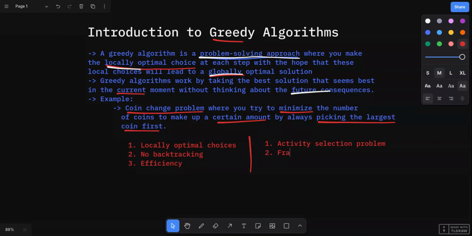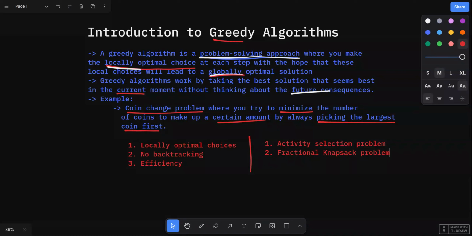Now we also have what we refer to as the fractional knapsack problem. This is where you have a set of items with weights and values, and a knapsack with a weight limit.